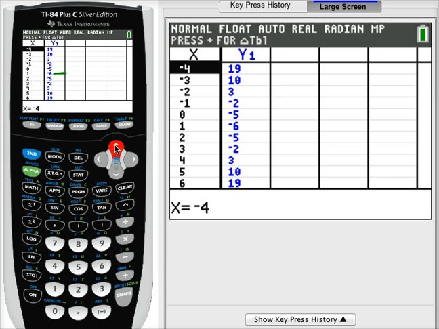Okay? I want you to notice values as you work above it and values as you work below it are the same. You have a symmetric pattern there. So that 1, -6 is that point that I'm looking for, that vertex.